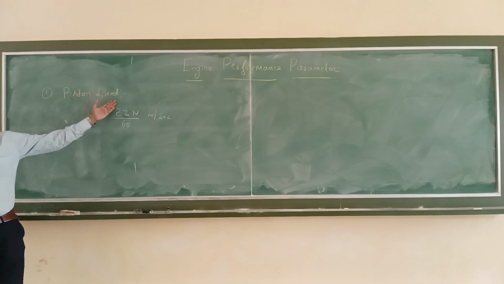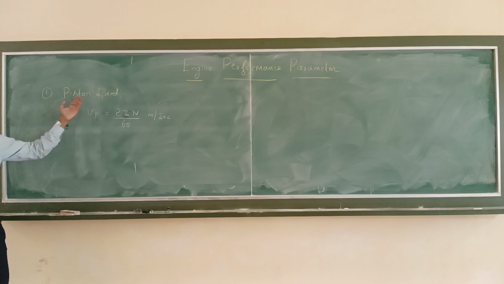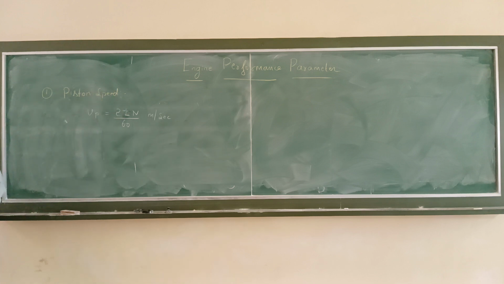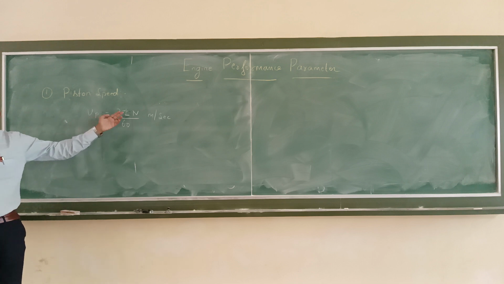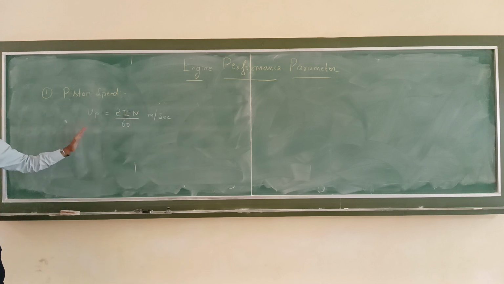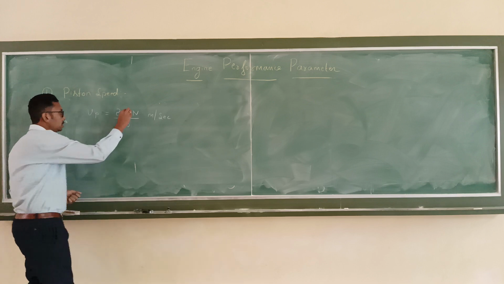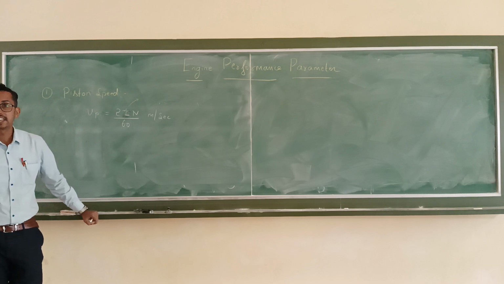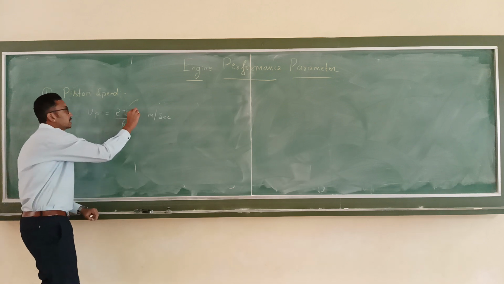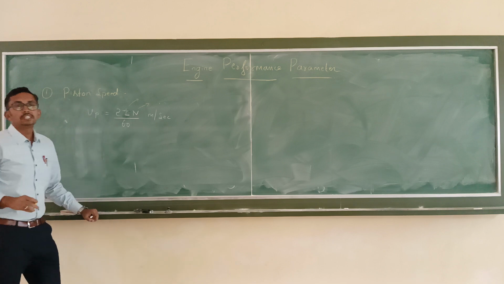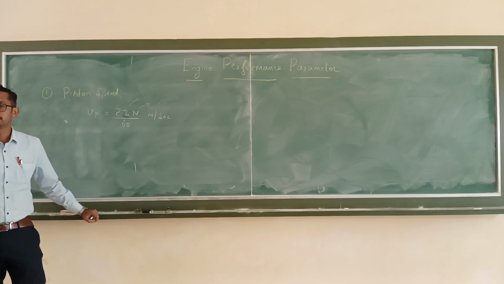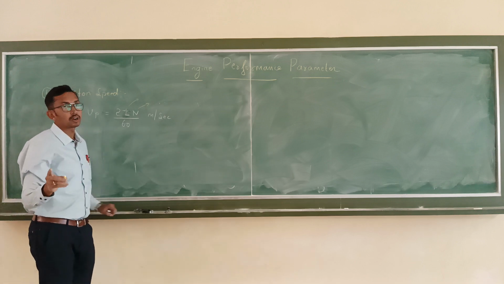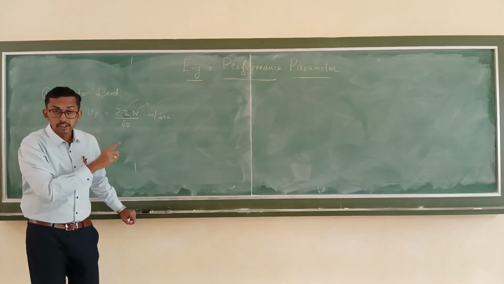So piston speed, or average piston speed, is the average speed of a piston. That is given by the formula Vp is equal to 2LN divided by 60. What does L stand for? L stands for stroke length in meters. And N stands for engine speed in RPM, rotations per minute. So units are very important while solving the problems.